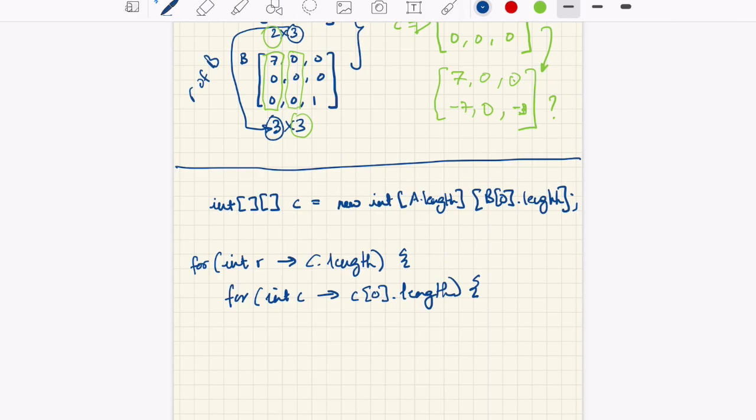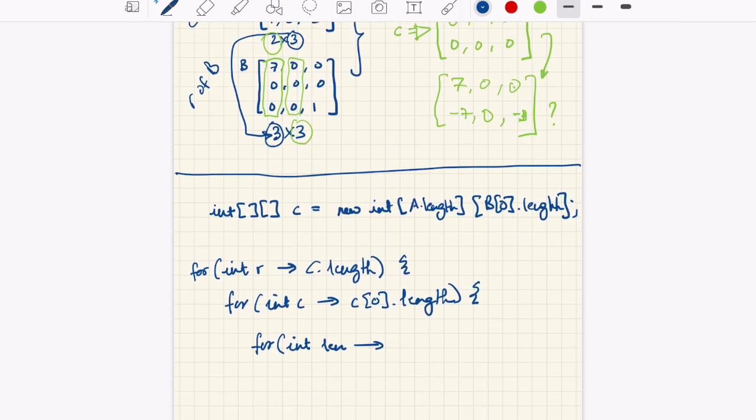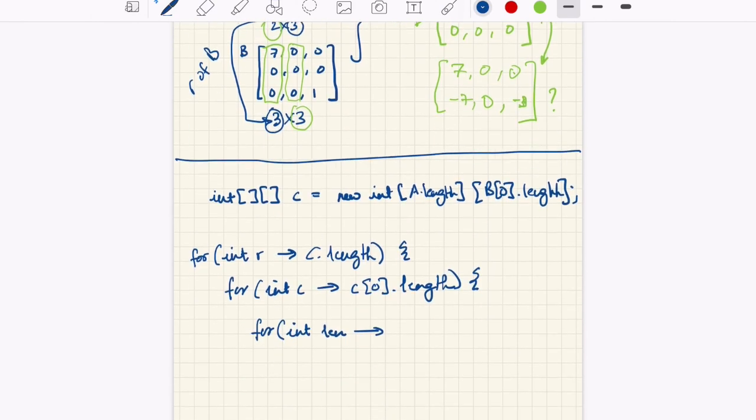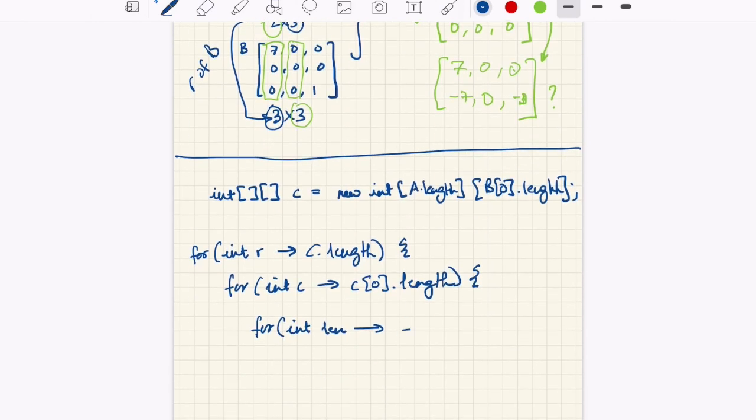So what you can do is put another for loop into length, which goes all the way to A of 0 dot length, because that's the column length, right?